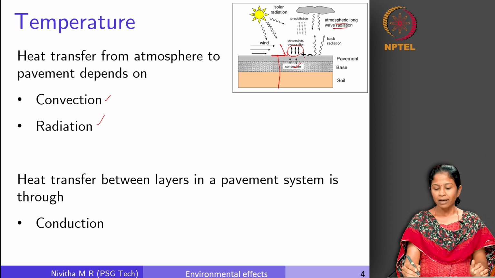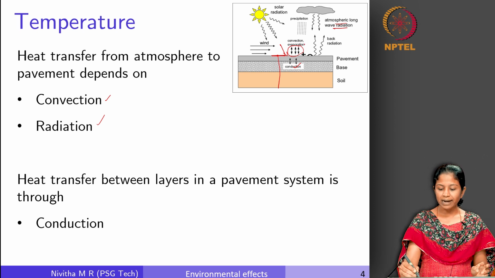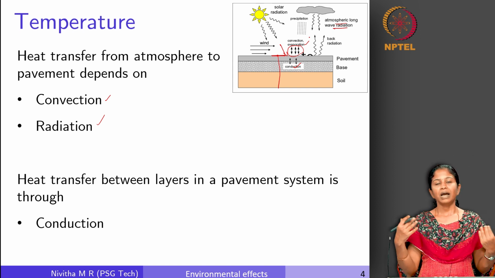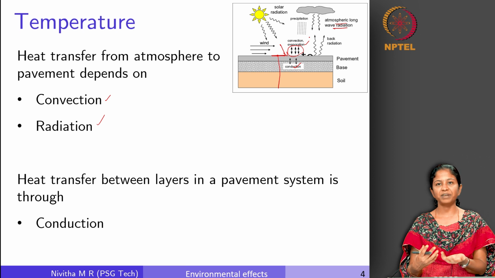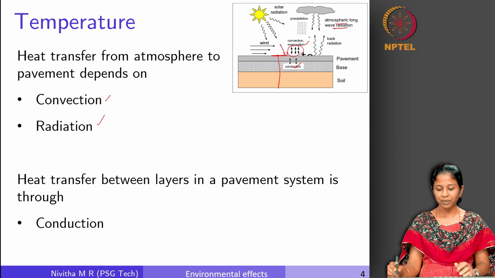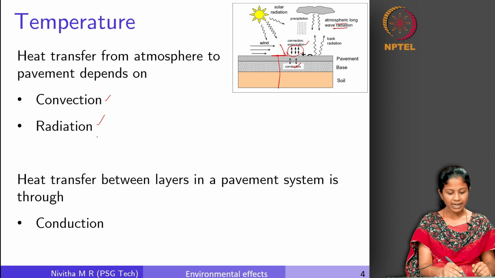Right. So, these are the three phenomena. In addition, we have evaporation. Once we have water on the surface and if there is some amount of heat that the ambience is experiencing, there will be evaporation because of the heat conditions, right. So, convection and radiation are for heat transfer, and heat transfer between layers is through conduction.